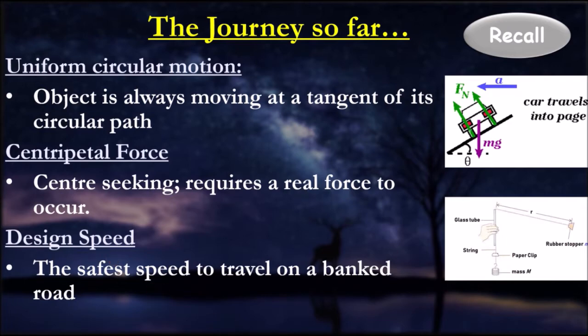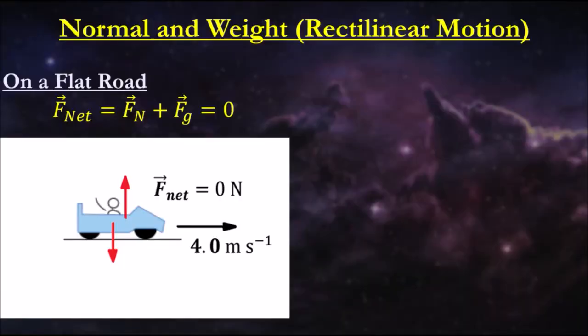Okay, we've talked about objects moving in a straight line motion, and I just want to give you a quick recap. Imagine we have a car that's moving directly straight.